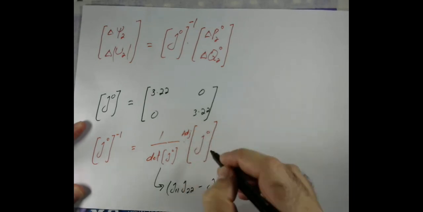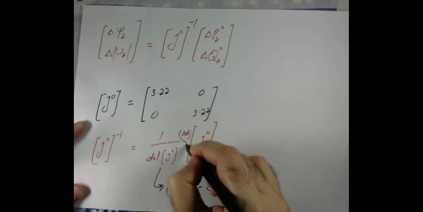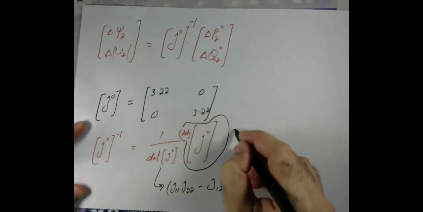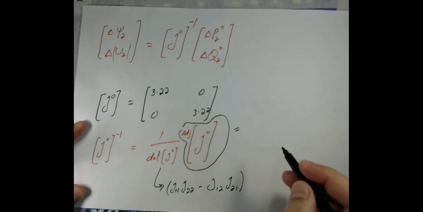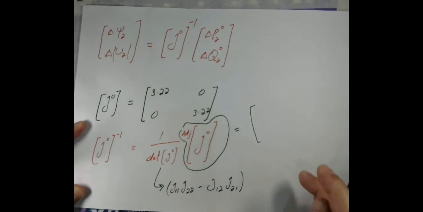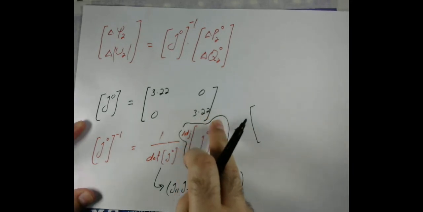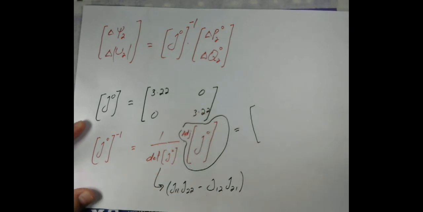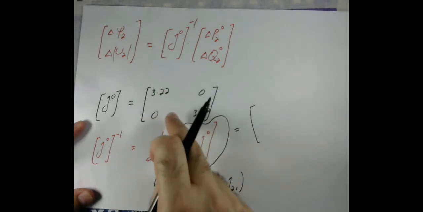Then the adjoint of this matrix: we know from the previous discussion that we need to change the position of these two terms and the sign of these two terms.